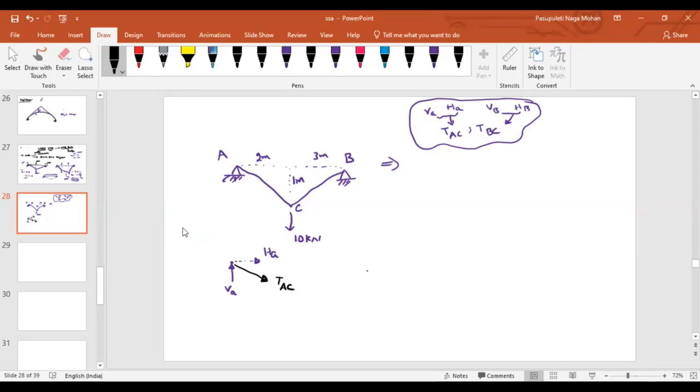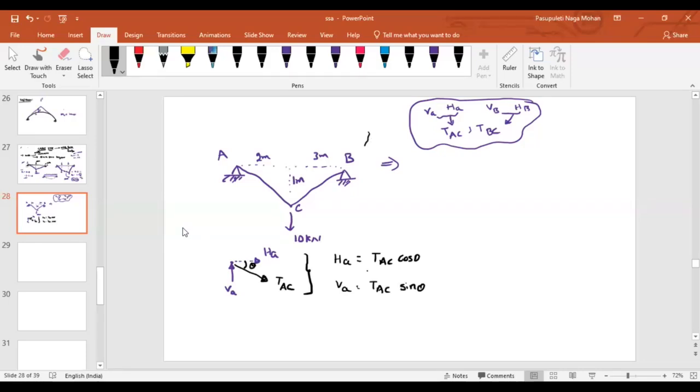Now, if I know the tensile force in the cable, what can be my HA and what can be my VA? If the angle is theta, then obviously my horizontal reaction is TAC cos theta, and here it will be TAC sin theta, right?